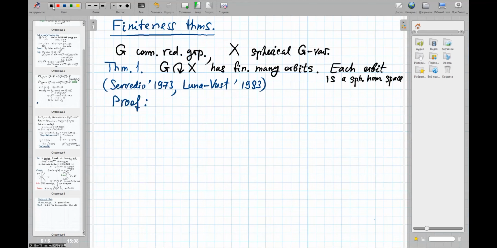Well, first of all, we can apply the Sumihiro theorem. Since we assume that X is normal, we can apply it directly. We do not need any normalization. So by Sumihiro's theorem, we can cover X by finitely many open quasi-projective G-stable subsets.